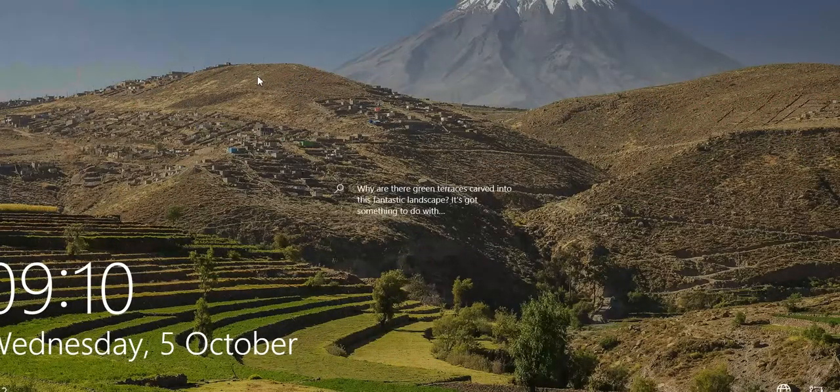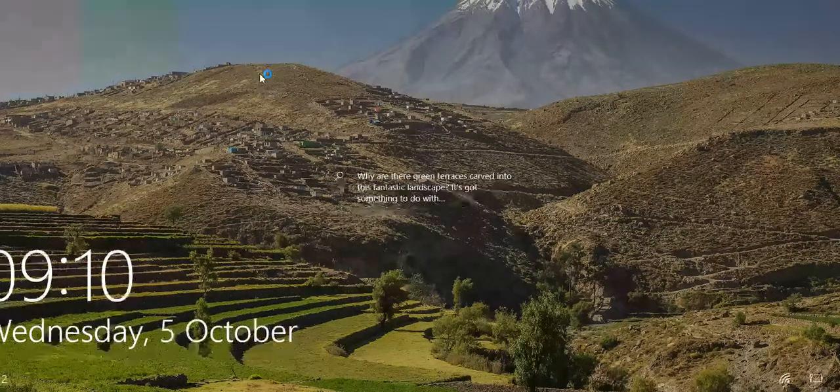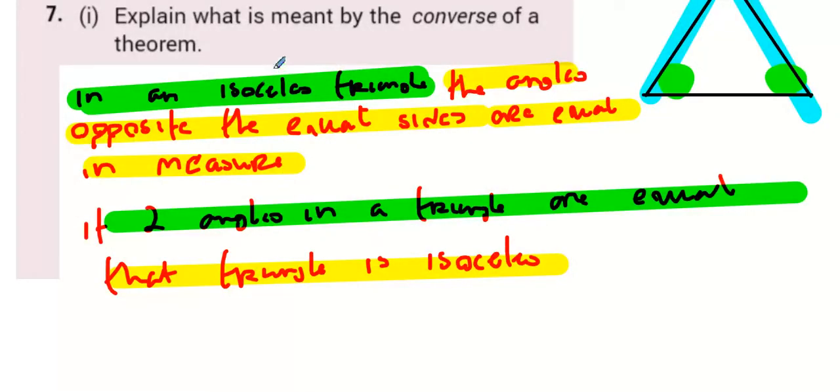All right. Now, gonna go down the bottom here. What do we say again? The converse of a term. You should probably take this down.